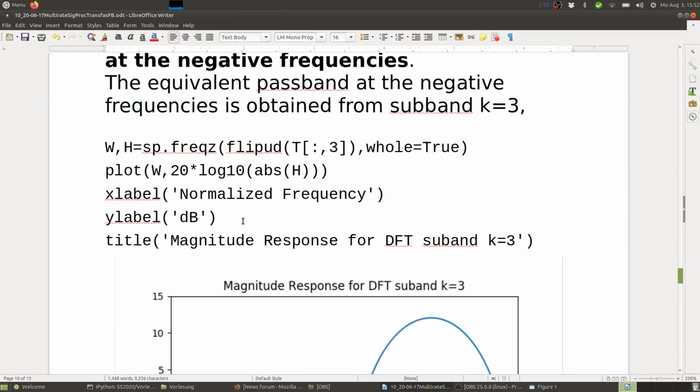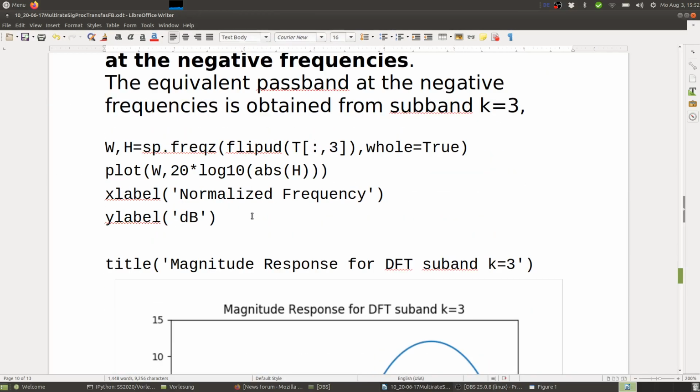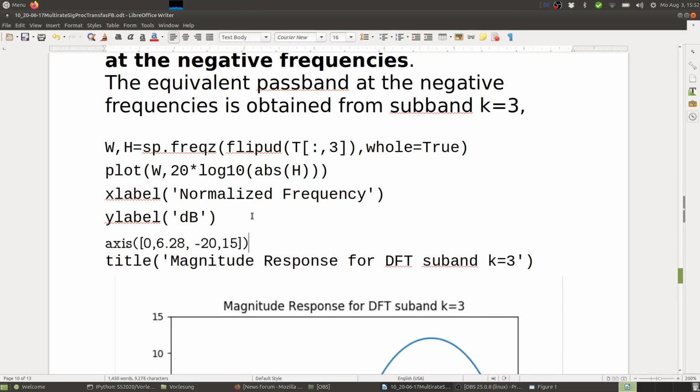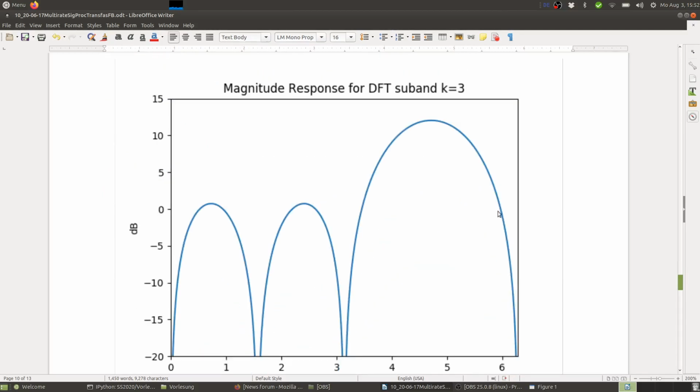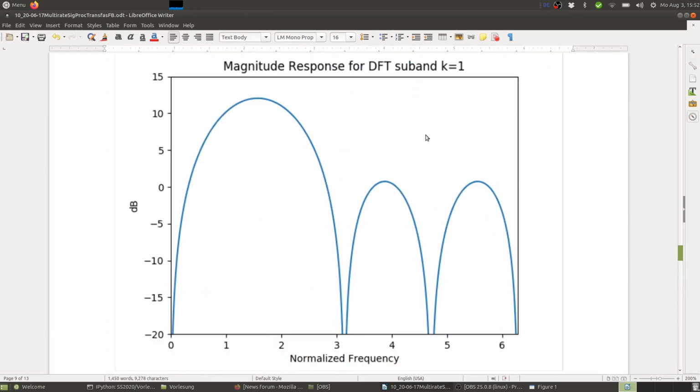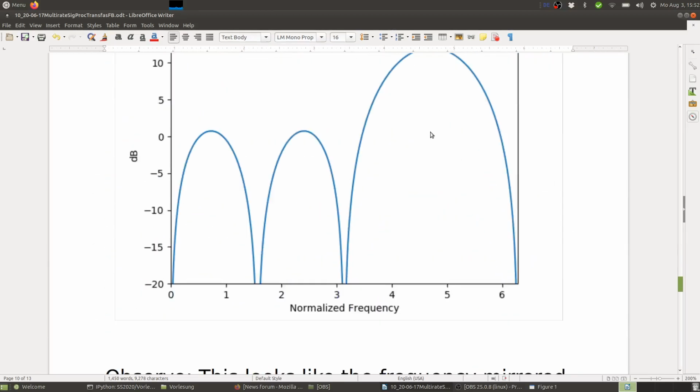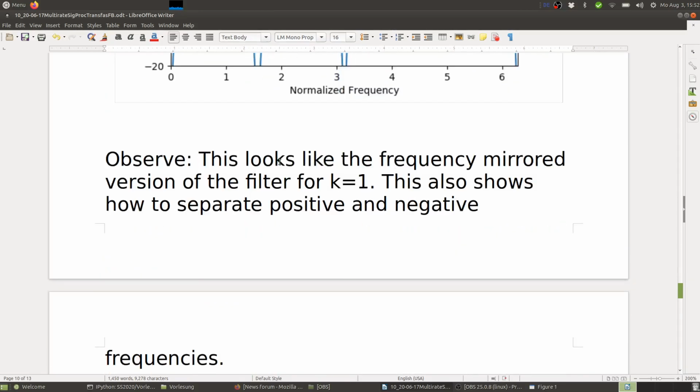Let me include the axis here too. Yeah. So this is what we get. So basically here you can see it's the flipped version now from subband filter number k equals 1. So when you compare it, here you had the positive frequency range, and when you think about flipping the entire diagram, you get this here, number 3. Yeah, so this looks like the frequency mirrored version of the filter for k equals 1.